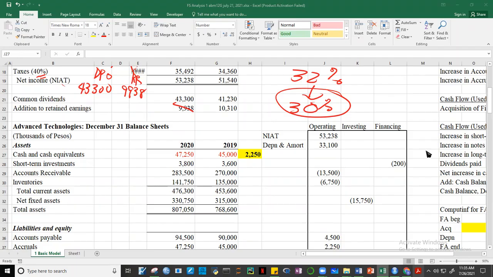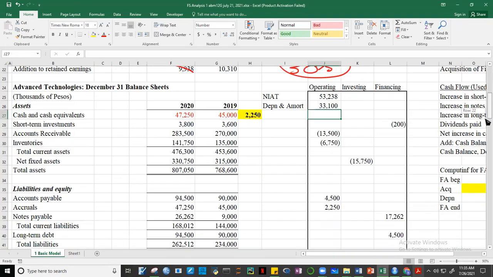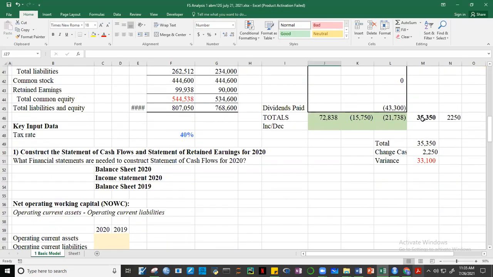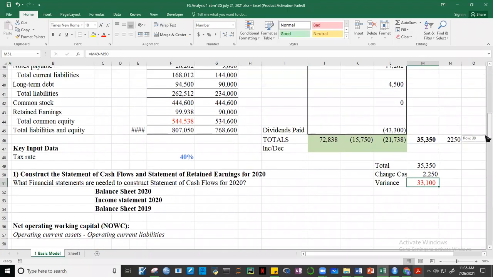Ay, o nga, no? Wait. Hala, 35,350. Tapos may variance naman tayo ng 33,100. O nga, no, dapat 2250 to, guys. So, ano gagawin natin dito, guys? Ano kaya itong discrepancy na 33,100?